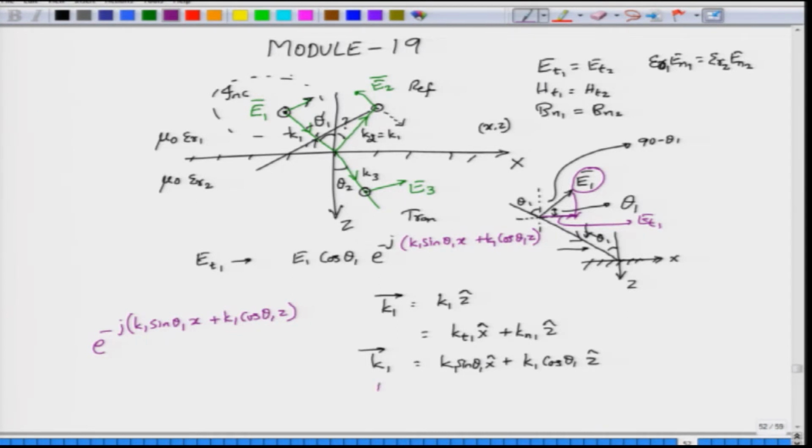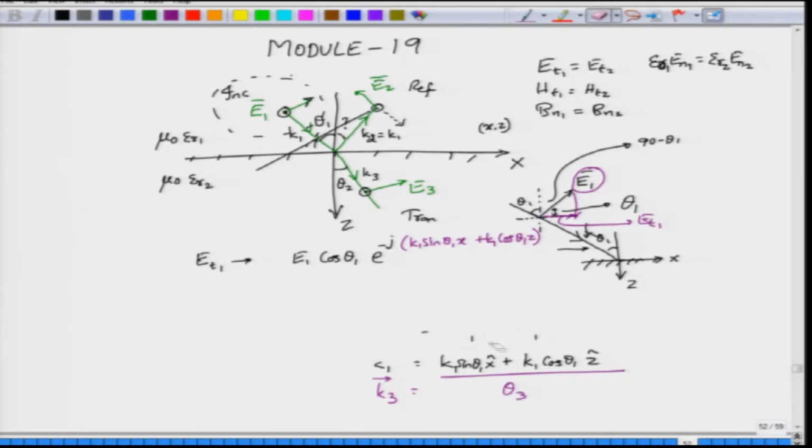Now, K3, which is in the same direction as K1, will also be given by the same expression, except replacing theta 1 by theta 3. The tangential component of the electric field in the second medium of course has the same angle also.